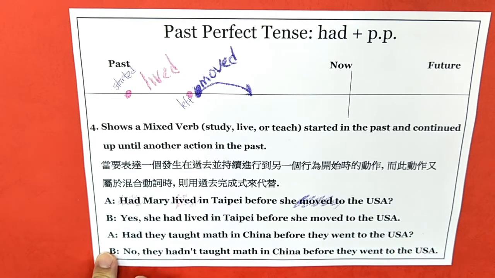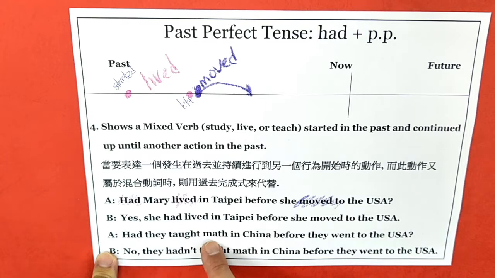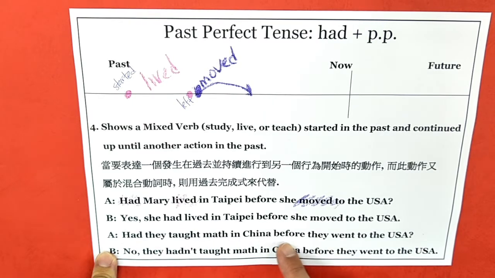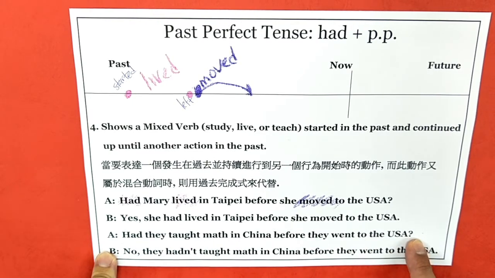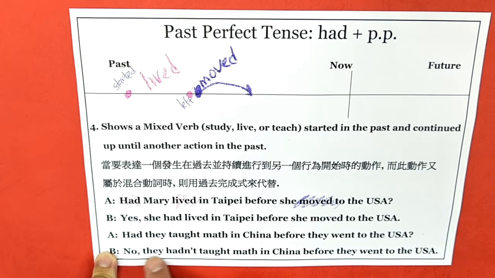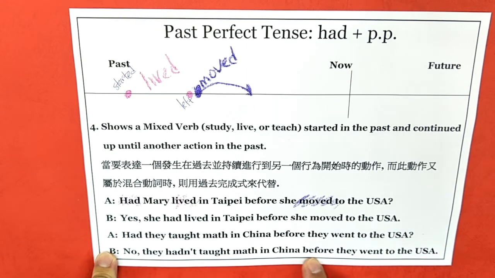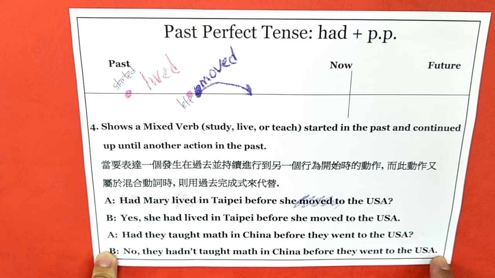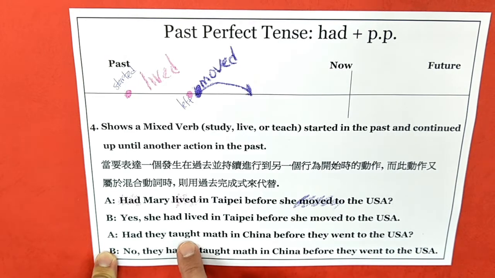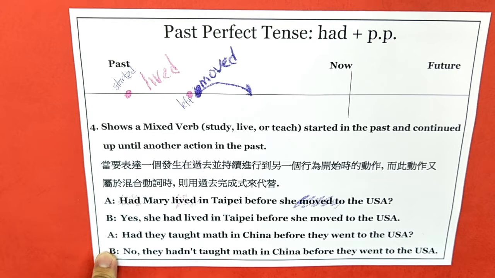Let's look at a negative sentence. Had they taught math in China before they went to the USA? No, they hadn't taught math in China before they went to the USA. Again, teach is a mixed verb. We could also have said, did they teach math in China before they went to the USA?